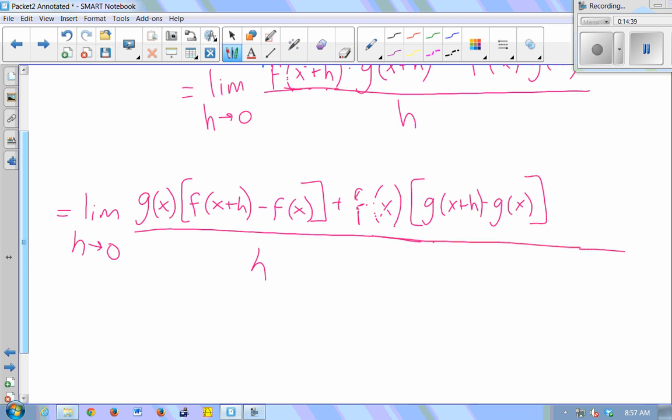And then I have the one in the corner, which was the long one, f of x plus h minus f of x times g of x plus h minus g of x. I'm running out of room. Okay, good enough.